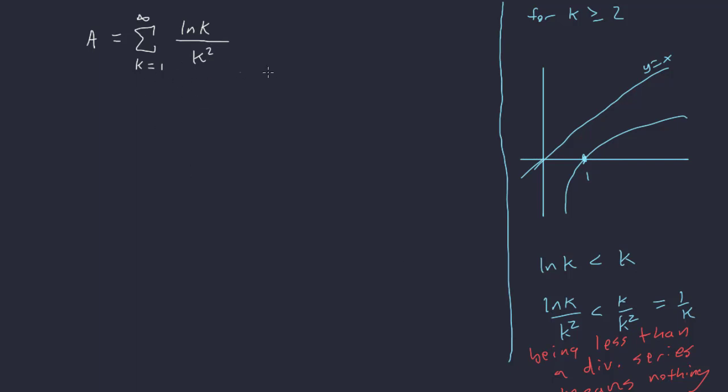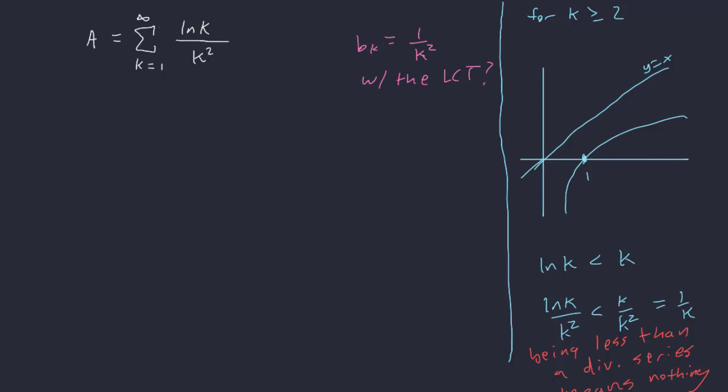Now you might be screaming at the screen right now and saying, well, hang on, this is a k squared. Could we use b_k equal to 1 over k squared with the limit comparison test? That seems kind of clear because we have a 1 over k squared here.